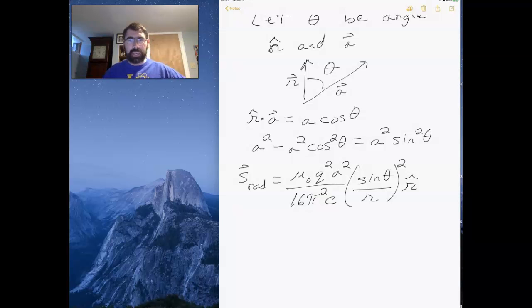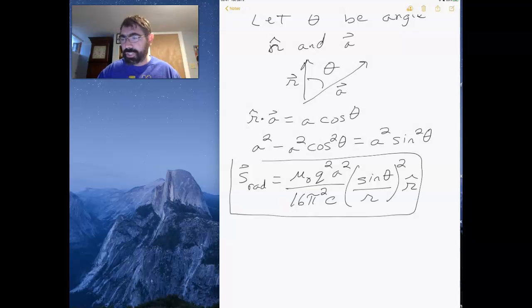And so what we have is this kind of donut-shaped radiation again that we had in a previous lecture.